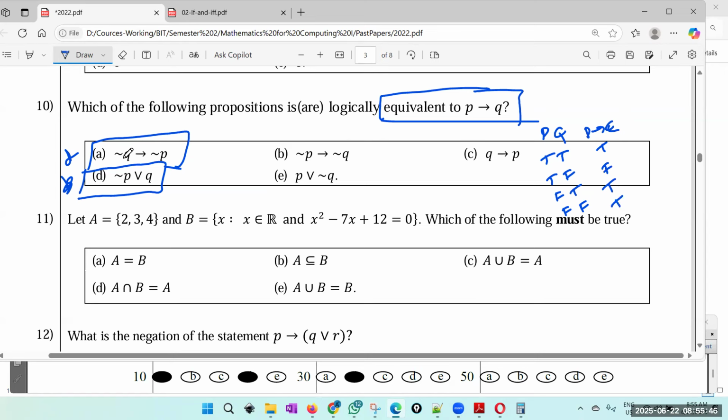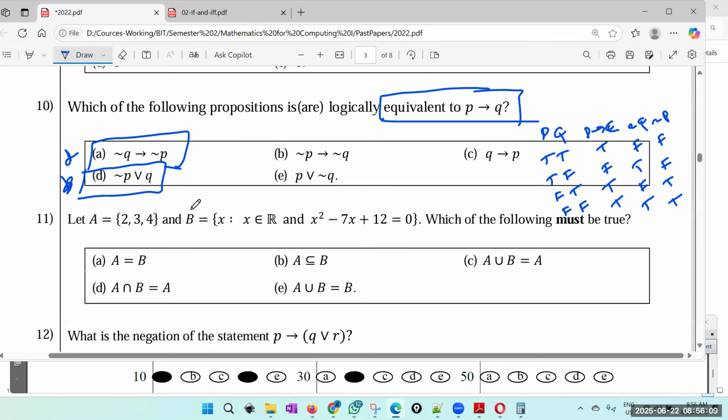Now I need not Q and not P. Not Q is false, true, false, true. Then I need not P: false, true becomes false, false becomes true, false becomes true.